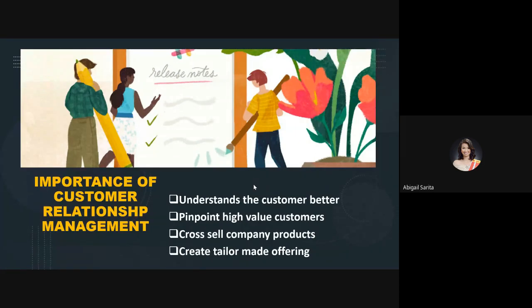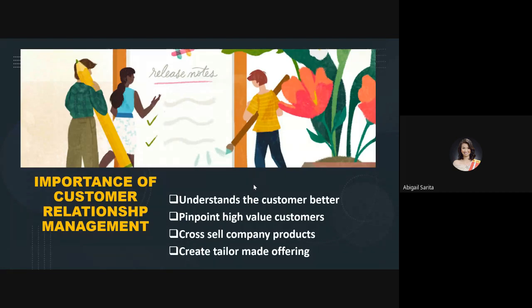Pag-book ni Kenneth, sasabihin ni Carlo, "Good afternoon, Sir Kenneth. I am glad to see you again." Sabi ni Kenneth, "Oh, do you know me?" "Yes, Sir Kenneth. I believe you booked with us 3 months ago for your business presentation in one of your Chinese clients." Siyempre, impress si Kenneth kasi natatandaan pa yun ni Carlo.